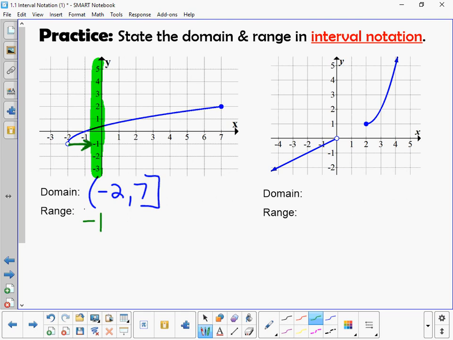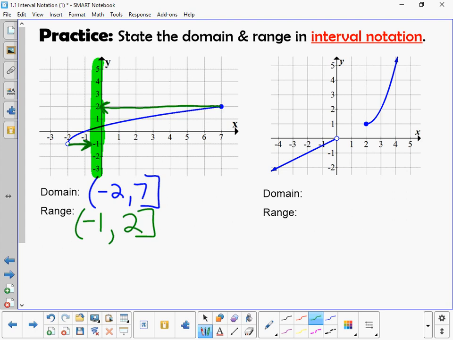That's an open circle, so it is not included, it's parenthesis. And our very highest value, tip top, on the y-axis corresponds to the value 2. That's a filled in circle, so it is included. So the range is from -1 to 2, including the 2. And just make sure you really focus on the y values for the range.